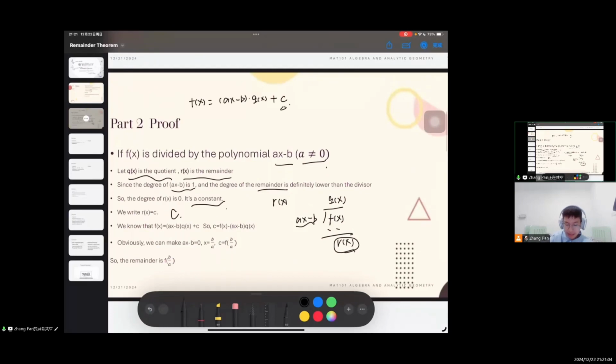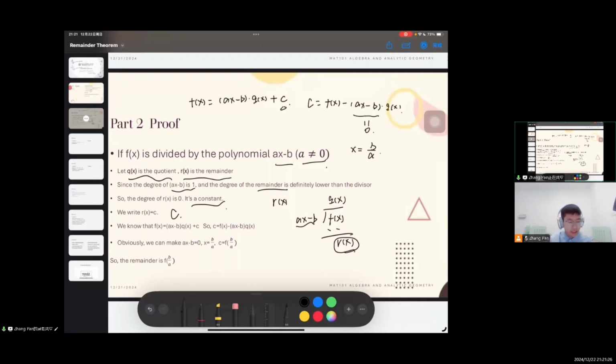So c equals f(x) minus (ax minus b) times q(x). Obviously, we can make this equal to 0, and at this time, x equals b over a.